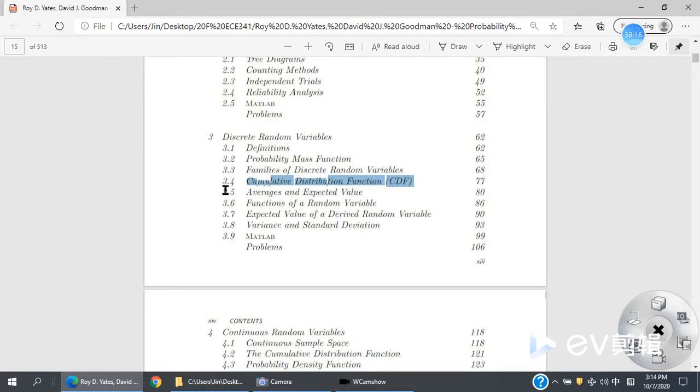So the information about this family of discrete random variables is separated in different places. So when I went over chapter 3 and chapter 4 in previous classes, I didn't discuss them.